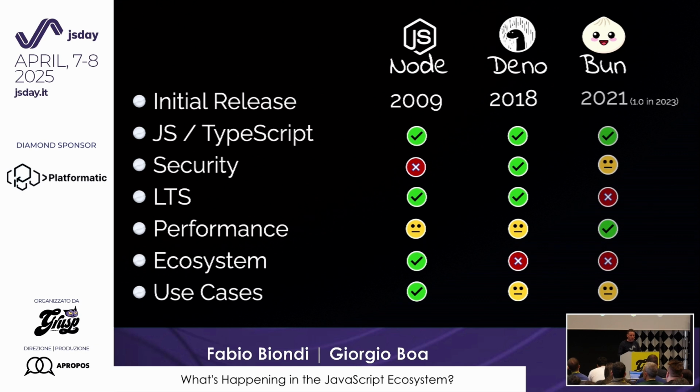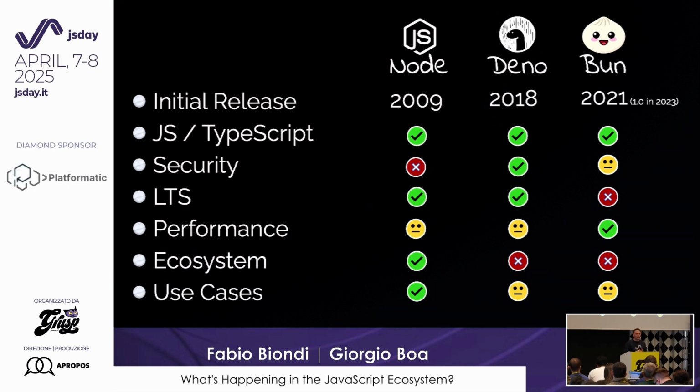And let's talk about Bun. Bun was invented in 2021. It's running TypeScript and JavaScript as well. On the security part, it's not asking you for permission if you need to write something on a disk or read something from the network.